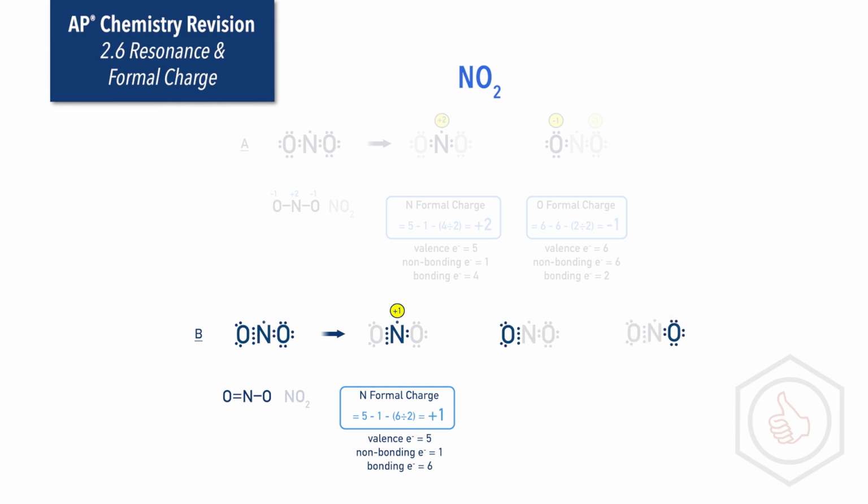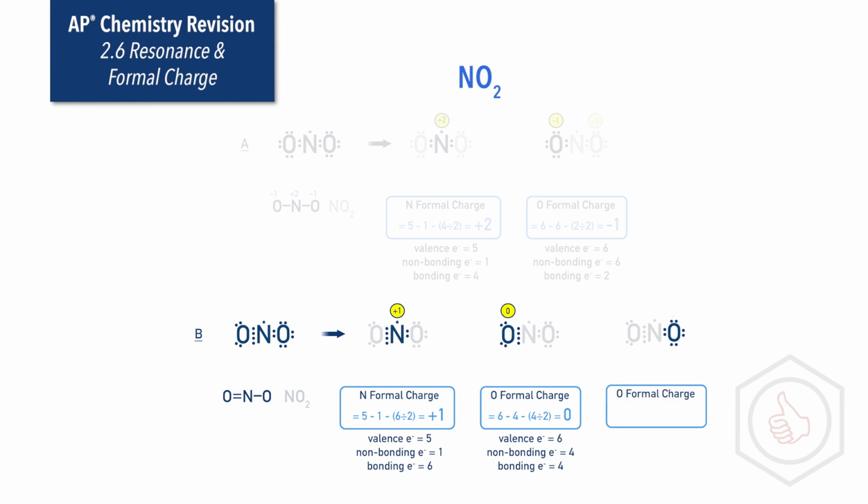In the first oxygen, the formal charge is going to be 6 minus 4 minus 4 divided by 2. Again, a valency of 6, 4 non-bonding electrons and 4 bonding electrons. This gives a formal charge of 0. In the other oxygen, we have 6 minus 6 minus 2 divided by 2. Again, a valency of 6, 6 non-bonding electrons this time, and 2 bonding electrons, giving a formal charge of -1.